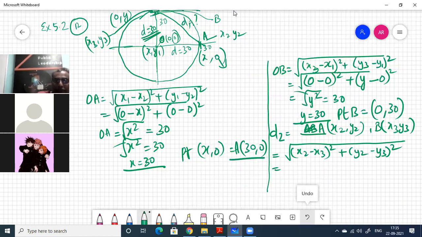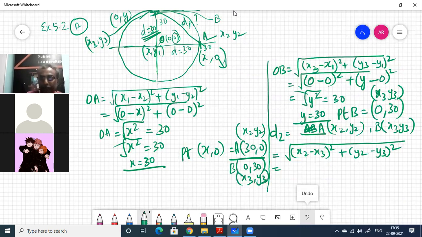A is x2, y2, 30 comma 0. B is x3, y3, 0 comma 30. So what is x2? x2 is 30. What is x3? 0. 30 minus 0 the whole squared plus what is y2? y2 is 0. 0 minus what is y3? y3 is 30.